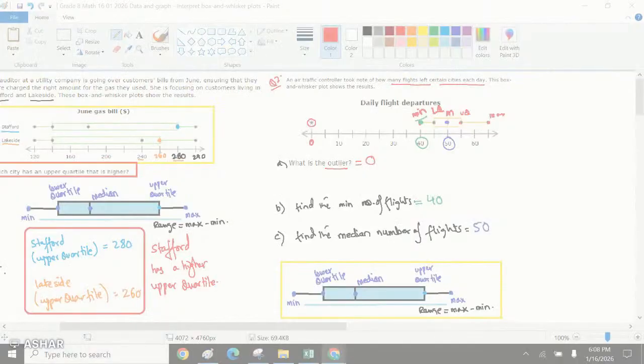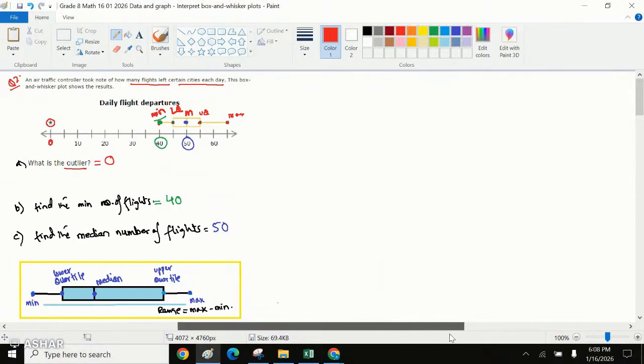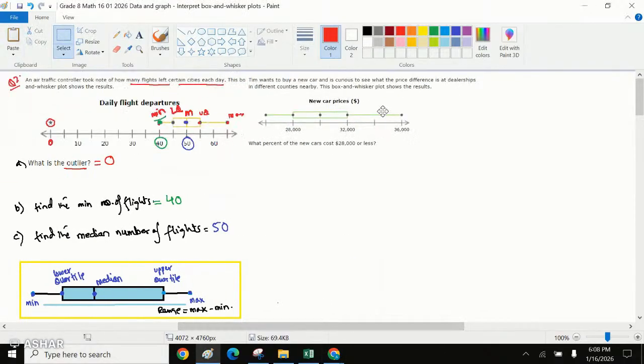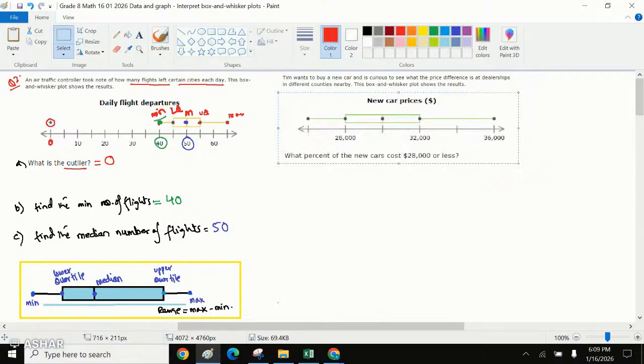Tim wants to buy a new car and is curious to see. I'll just copy the question.